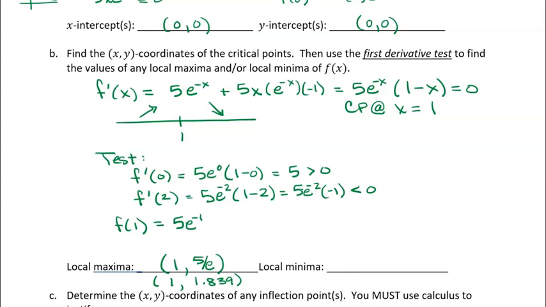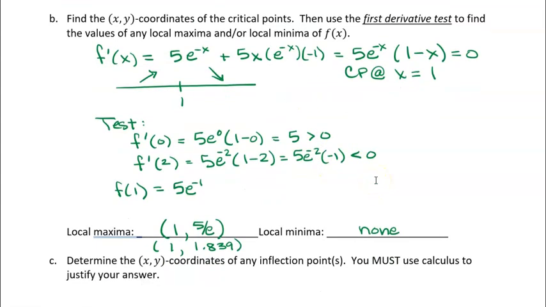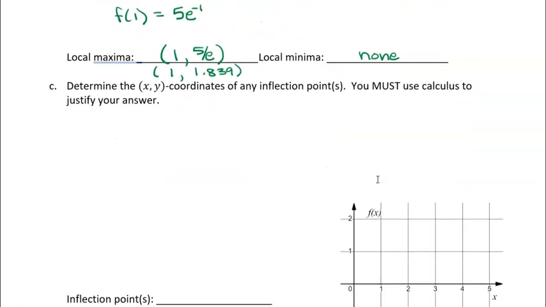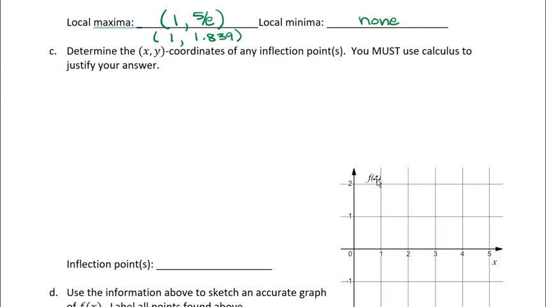Now what about a local minimum? We only had one critical point and it was a maximum. So that means that there are no local minima. So we used this first derivative test to find the local maximum, and now we're asked to find the inflection points.